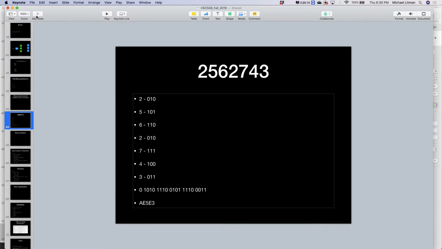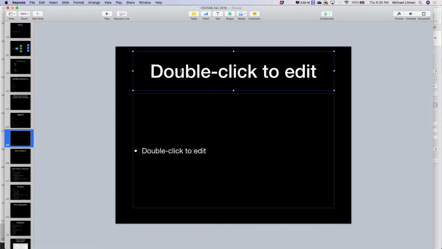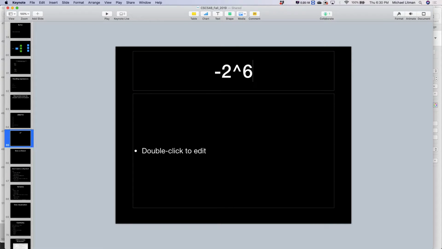So it would be negative 2 to the 63rd to positive 2 to the 63rd minus 1. Just like a signed 8-bit number can store the values between negative 128 and positive 127. So this is negative 2 to the 63rd power to positive 2 to the 63rd minus 1.